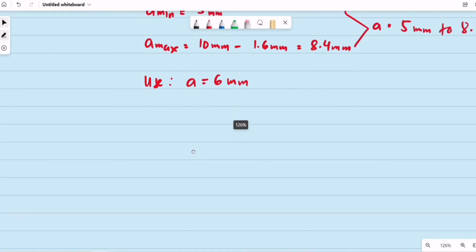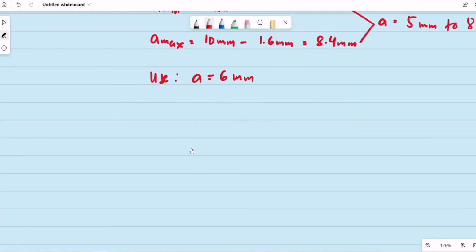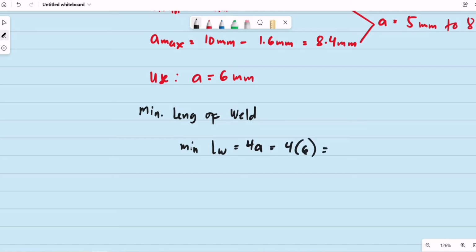When it comes to the computation of the minimum length of the weld, minimum L sub W is equal to 4 times the value of the leg of the fillet weld. So this is equal to 4 times 6 mm, which is 24 millimeters.